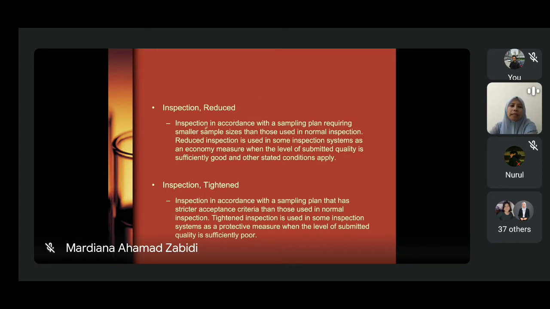So this explanation: inspection in accordance with a sampling plan requiring a smaller sample size than that for normal inspection. This reduced inspection is used in some inspection systems as an economy measure, because we save time, and also when we do not open more carton boxes, we are maintaining the integrity of the material inside those carton boxes.